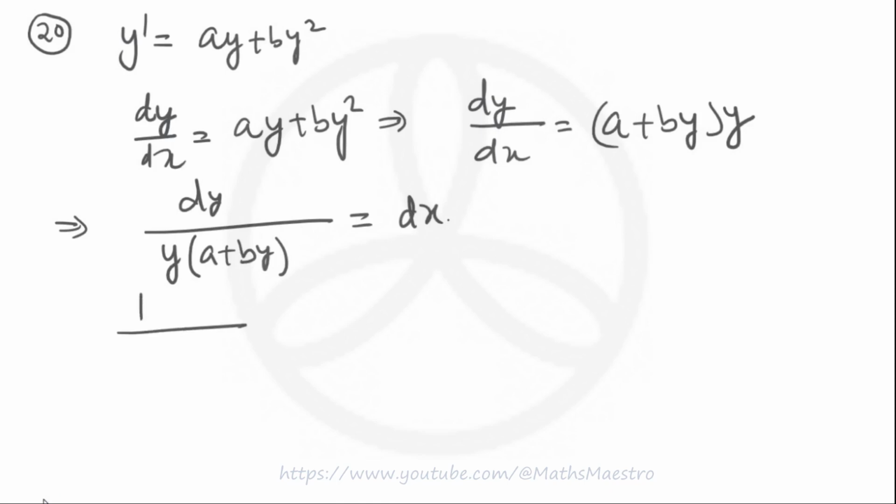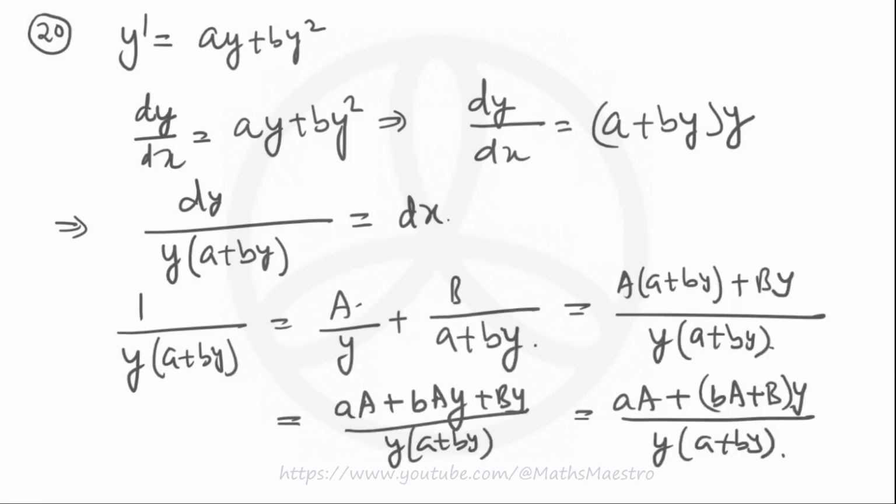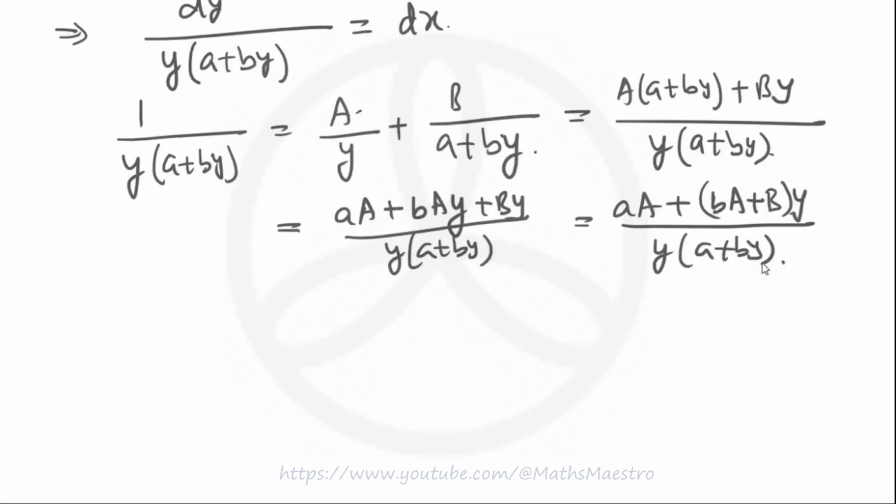Let me assume 1 by y(a plus by) is equal to A by y plus B upon (a plus by). Now, if we compare denominator with denominator and numerator with numerator, we have A(a plus by) plus B y is equal to 1. This is a constant term, there is no variable, which means the variable is 0.